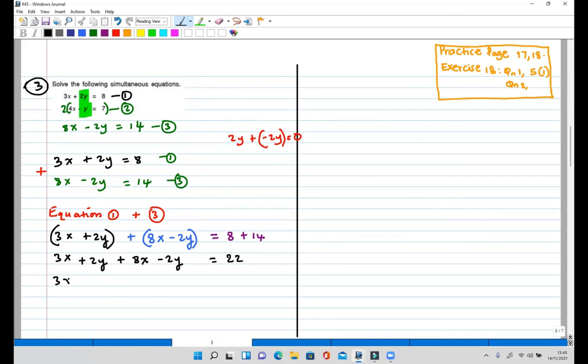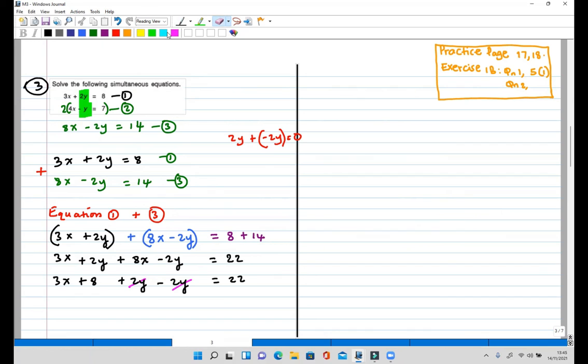Now we have 3x plus 8x plus 2y minus 2y is equal to 22. Now you see that 2y minus 2y, that will be a 0. So we eliminate y and remain with 3x plus 8y. No. There is a mistake here.